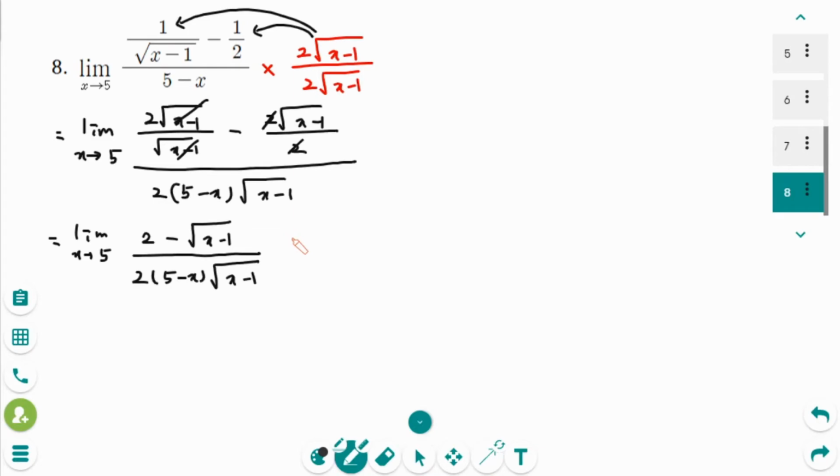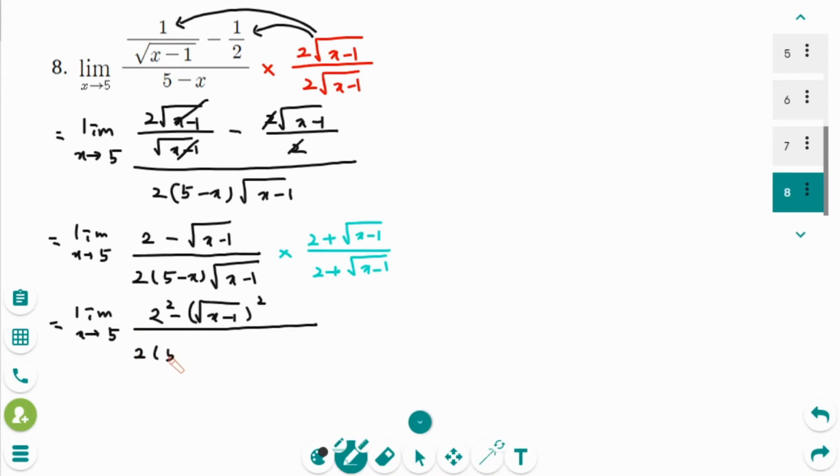Find the conjugate of the numerator, which is 2 + √(x−1) over 2 + √(x−1). Then expand the numerator. It's the (a − b)(a + b) form, so a squared minus b squared, and don't expand the denominator part.